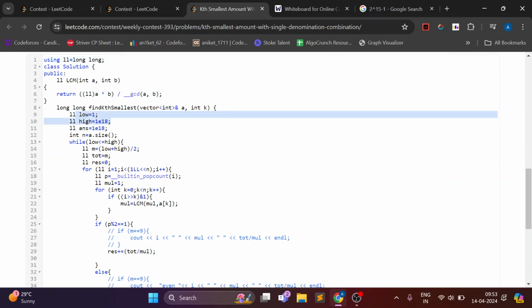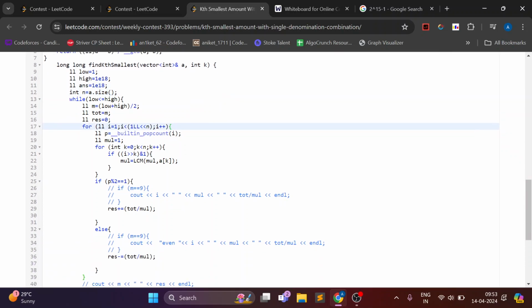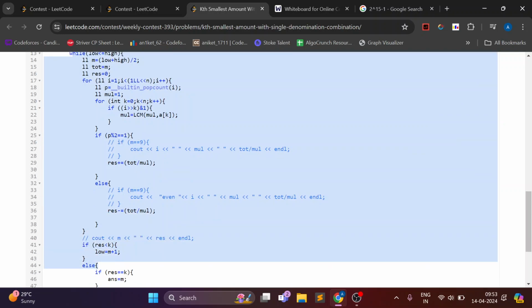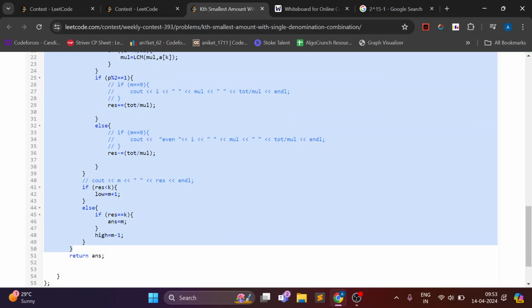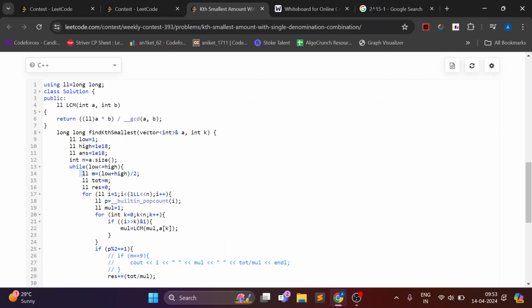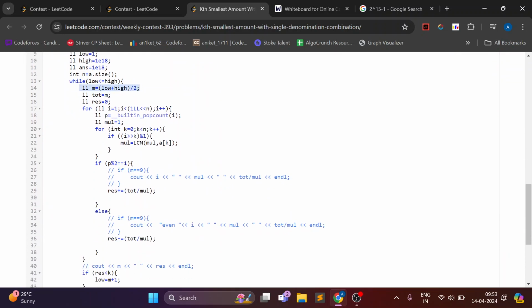So what I'm doing is I'm declaring low and high for my binary search and answer as 1e18 first, and I'm calculating the size of the array and storing it in n, and then this is the complete binary search setup. First I'm calculating the mid.